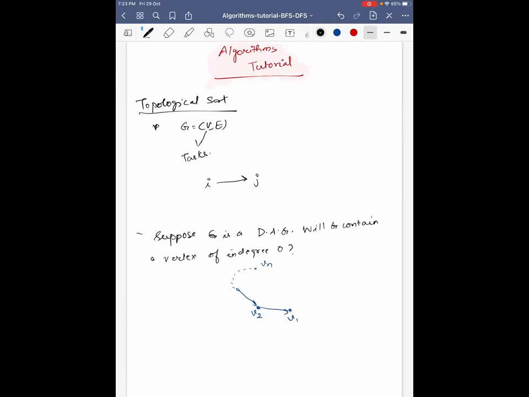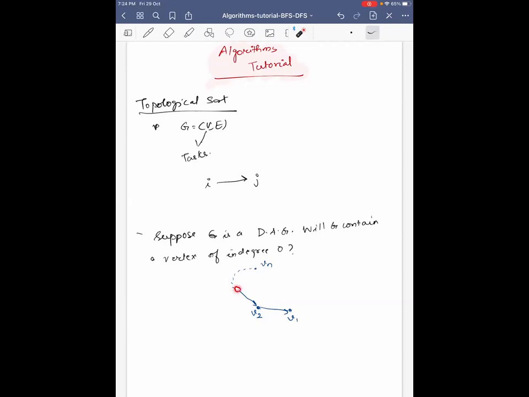Since its in degree is at least 1, there's going to be at least one edge in the graph which is directed into V1. So you move to the endpoint of that edge. Let's call it V2. Again, since its in degree is at least 1, there's going to be at least one edge which is directed into V2.